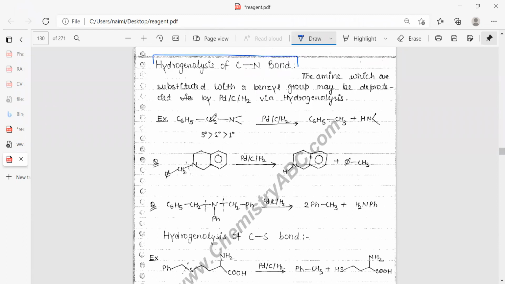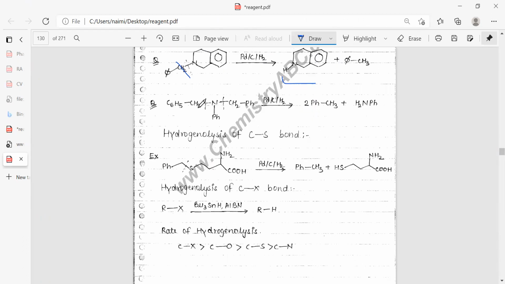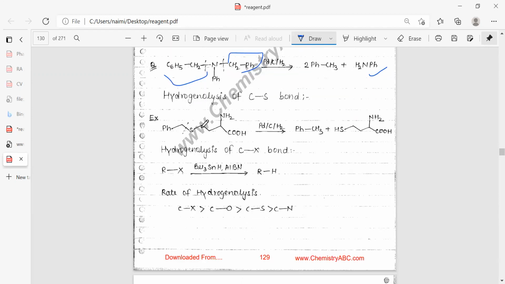You can see here, the CN bond will break down by addition of palladium carbon hydrogen, forming toluene. A similar process takes place in this: if you add this one, it forms toluene and NH formation takes place. Similarly, two molecules of toluene form along with PhNH2. A similar process takes place in this carbon hydrogenolysis, where this CS bond will break down, forming toluene and this one.